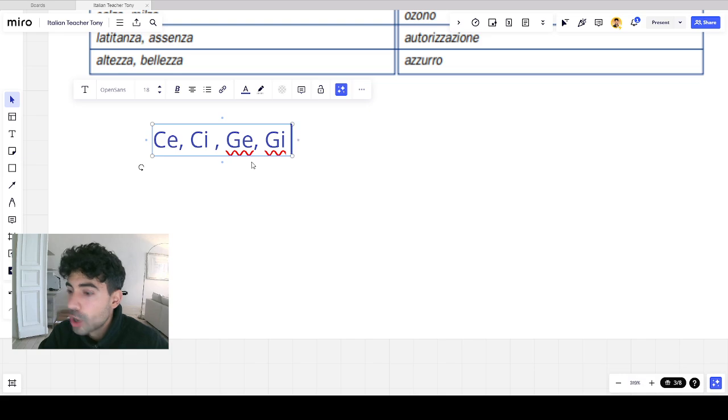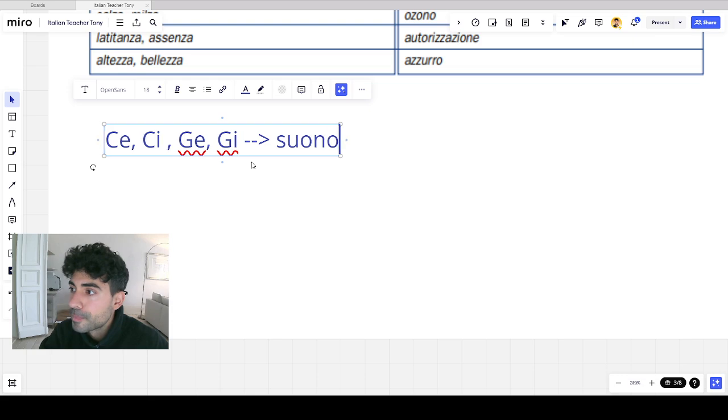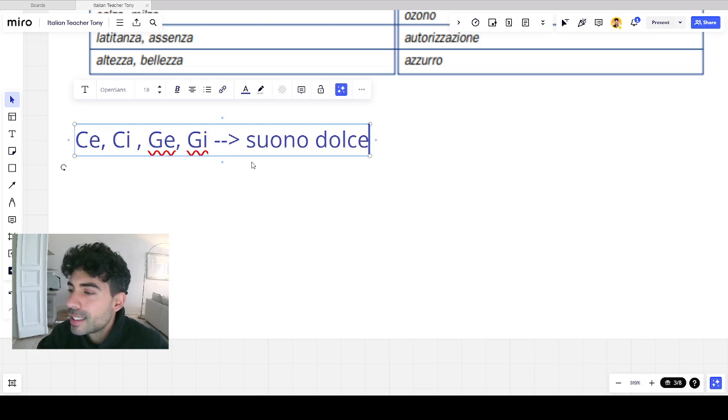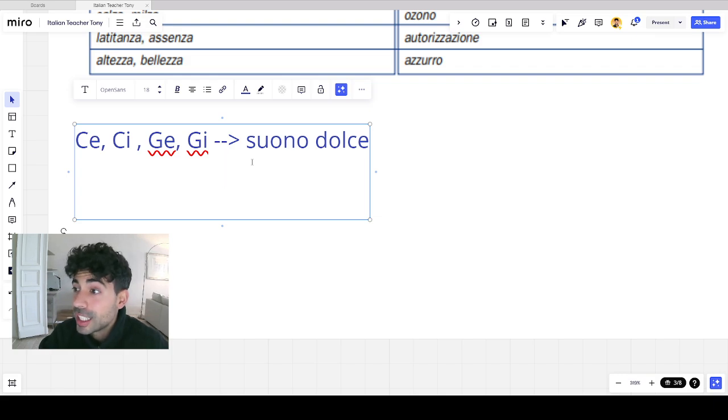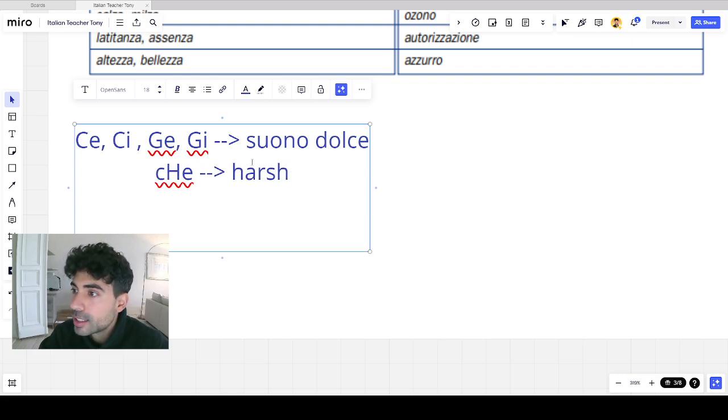This is soft sound, suono dolce. If we want to make this into a harsh sound, we have to put an H in between. For example, C, H, E will not be ce, will be che. Harsh sound.